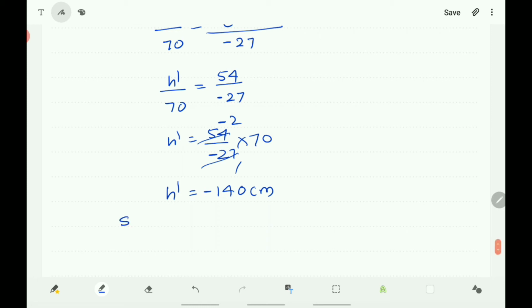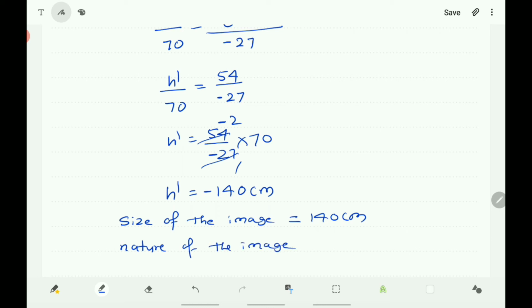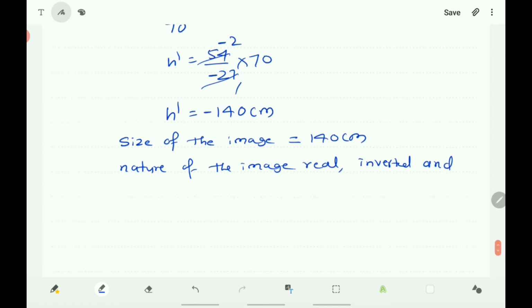So the size of the image is equal to 140 centimeter, and the nature of the image: here it is an enlarged image, and it is in front of the mirror, which means it is real, inverted and enlarged.